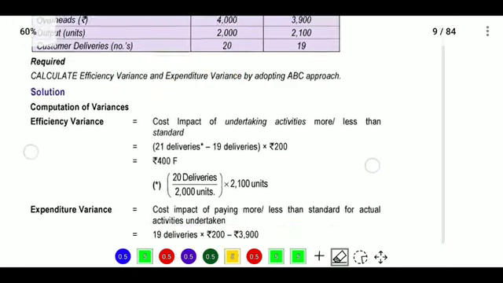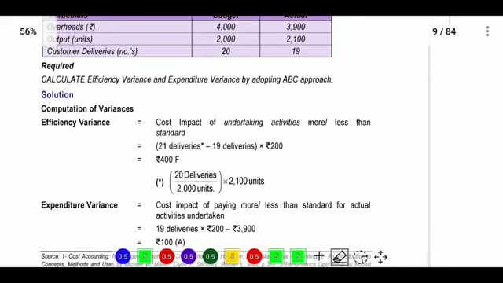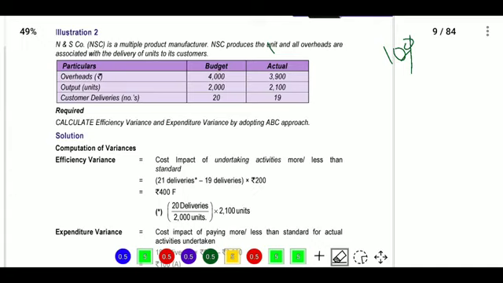First we will see the cost impact of undertaking activities more or less than standards. What was the standard they provided and what is the difference? For efficiency, they provided for only 2000 units, but we require 2100. So for 2100 there are 21 deliveries.